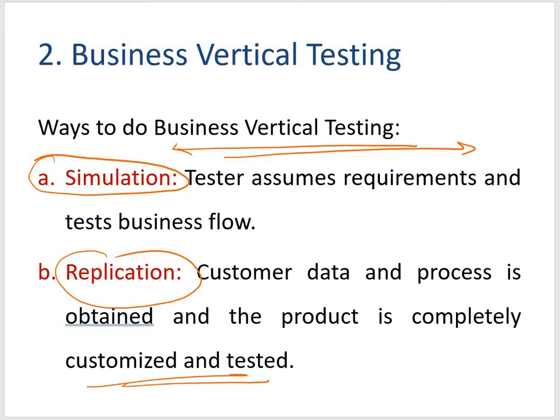So business vertical testing is something which is a very crucial part of your software testing. And in this case, if I need to go ahead with replication, that means my customer data and the entire process or even the complete product, I can obtain it, customize it, and go ahead with testing the entire product as far as business vertical testing is concerned.